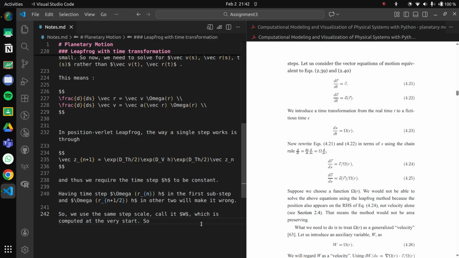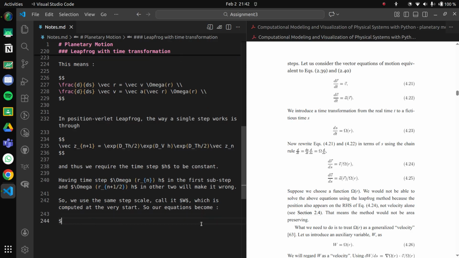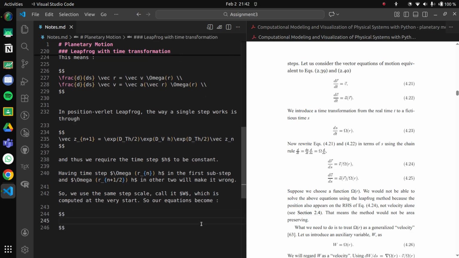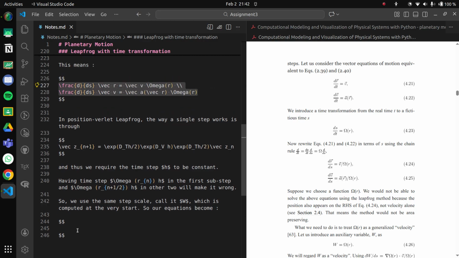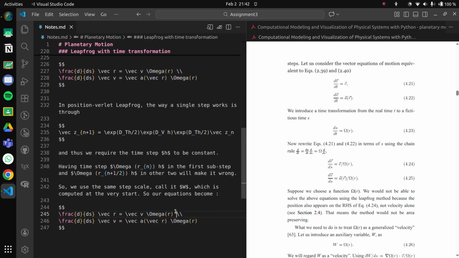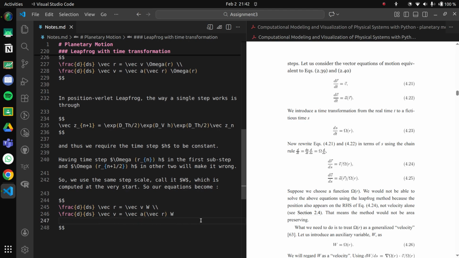So our equations become these. So basically our updates are like this now. So we just have fraction. Basically we have the same stuff that we did over here. Just have this, except rather than having omega of r, you have a W, right? And then the W thing itself also changes.